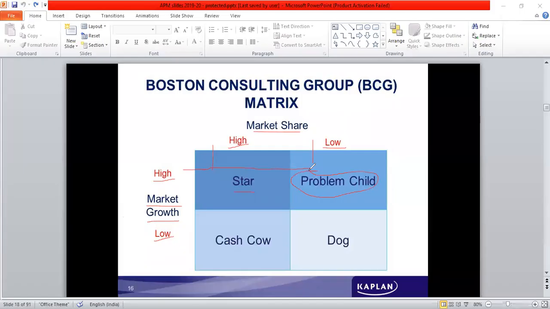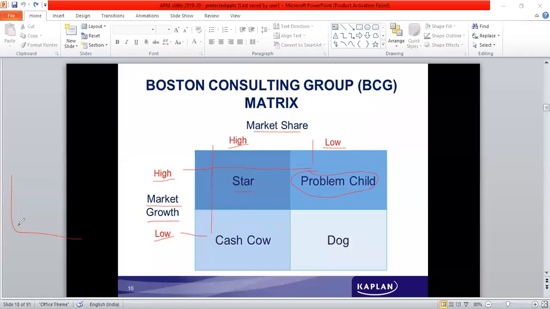The third category is where until now the performance is very good, on the higher side, but there is no chance for them to do well in the future. Market growth is low. Why would the market growth be low? Maybe they have reached the saturation point.